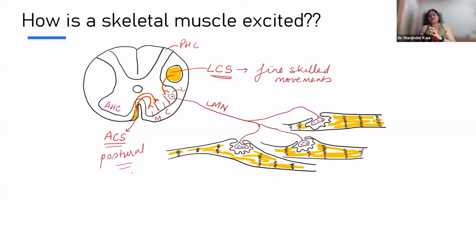With this background, we have now discussed the upper motor neuron, which is formed by the lateral corticospinal tract, the anterior corticospinal tract, and the other extrapyramidal tracts like rubrospinal, etc. All these tracts which originate from the cerebral cortex and end on the spinal cord are called the upper motor neurons.